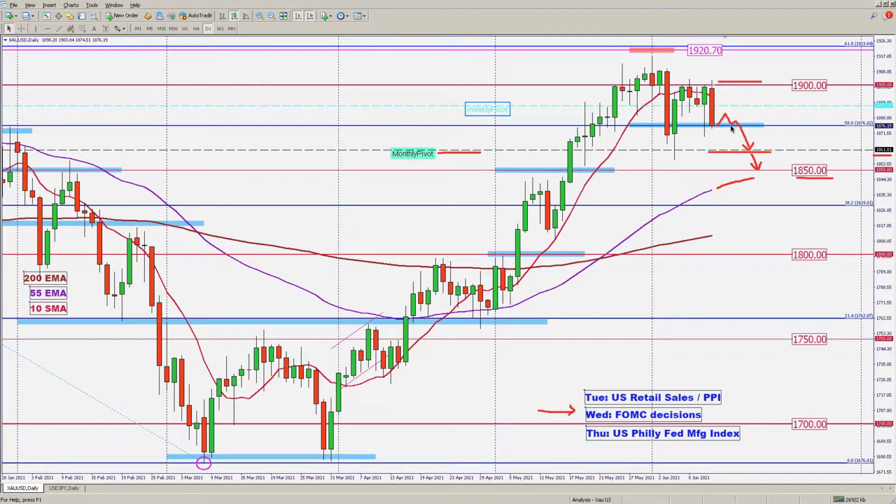So for now, this will be the intermediate support and the key support at the monthly pivot. And if necessary, the 1850 will provide the next support, with strong resistance at the 1900 area.